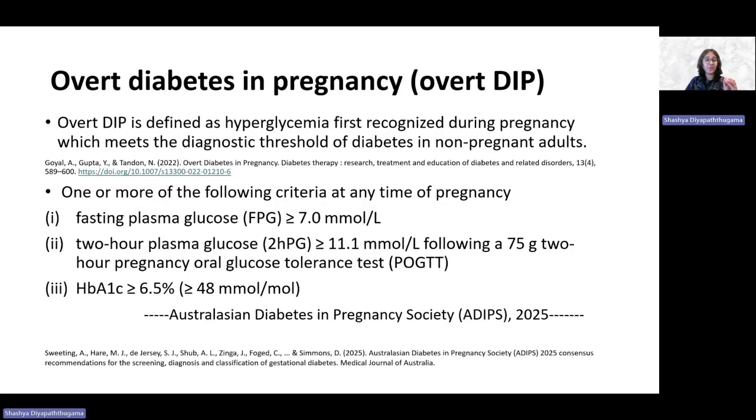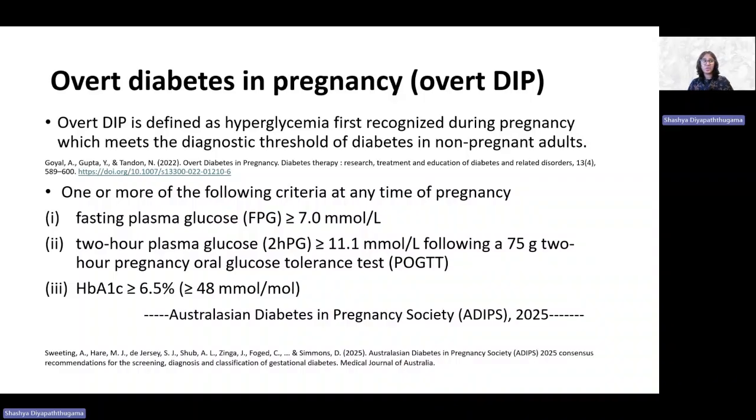These values are again based on the same test, the oral glucose tolerance test. Suppose a pregnant woman undergoes the oral glucose tolerance test, and before drinking the glucose solution, her fasting plasma glucose was above 7. Then we don't call it gestational diabetes, but we call it overt diabetes in pregnancy.